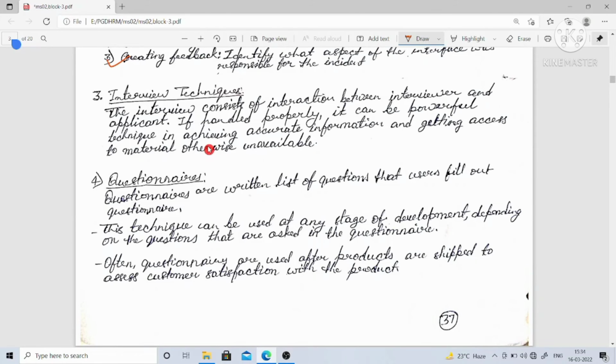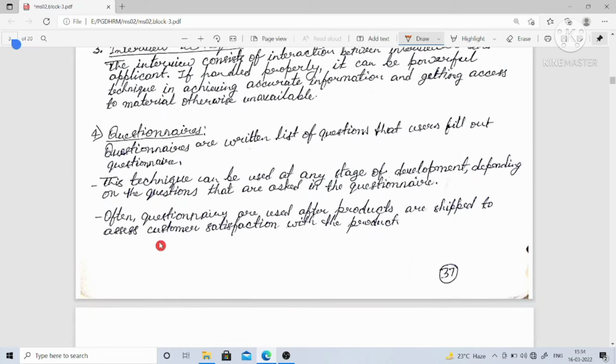Questionnaire. This is the fourth method of competency mapping. Questionnaires are written lists of questions that users fill out. This technique can be used at any stage of development depending on the questions that are asked in the questionnaire.